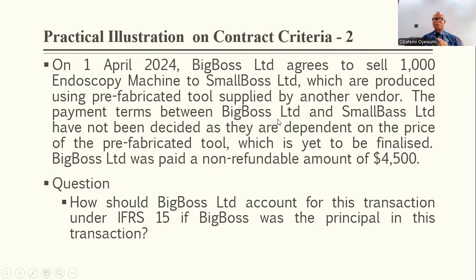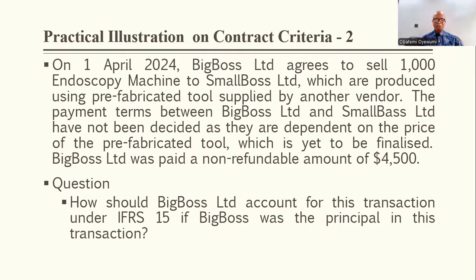The payment terms between Big Boss Limited and Small Boss Limited have not been decided, as they are dependent on the price of the prefabricated tool, which is yet to be finalized. Big Boss was paid a non-refundable amount of 4,500.